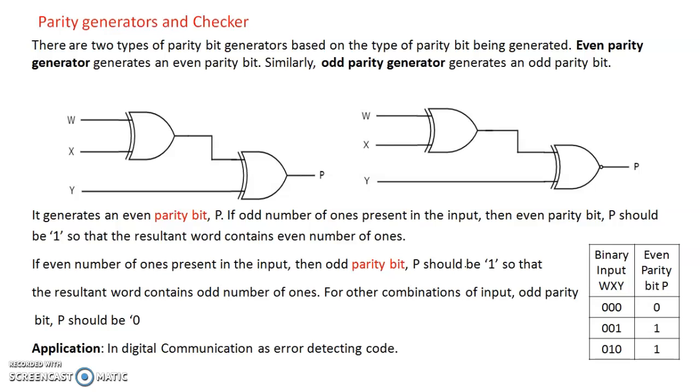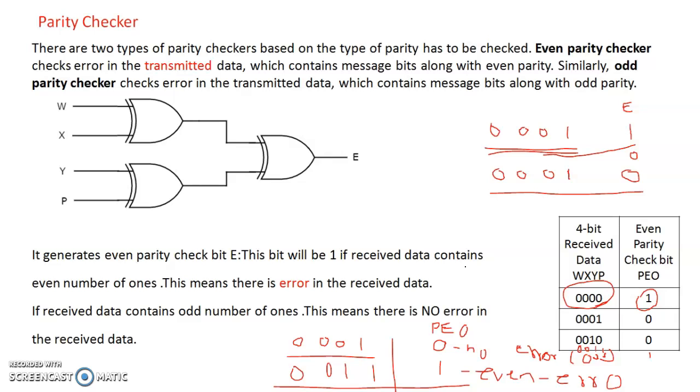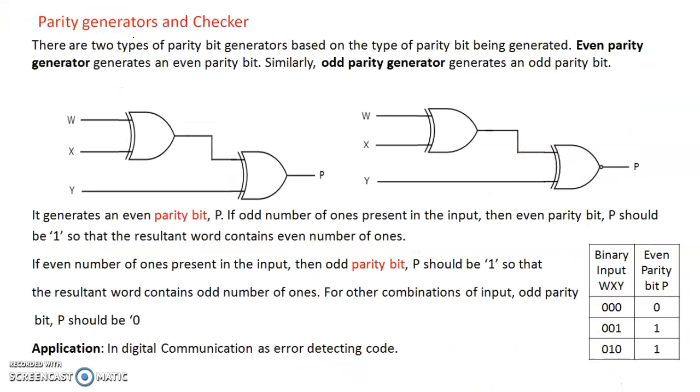If the number of ones is even, then in even parity there is no need to add a 1. So the even parity bit tries to make that parity word even, and the odd parity bit tries to make that word odd. We will discuss the even and odd parity generator and the parity checker in detail in the next video.